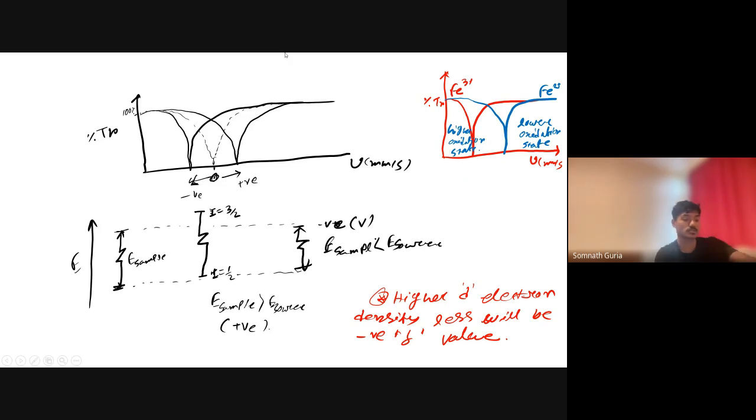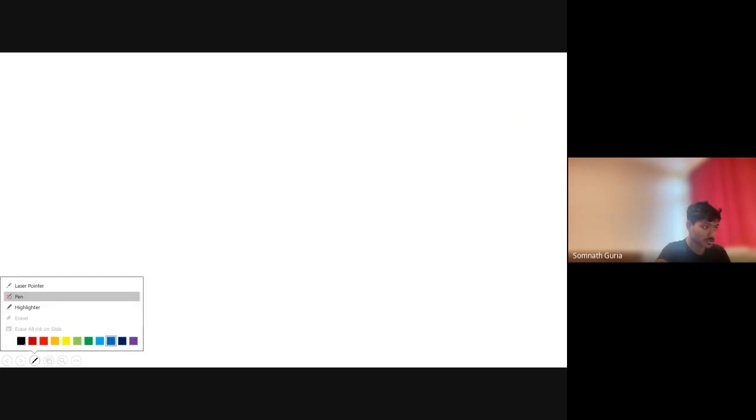Now we come to another thing, which is the spin state. How does it depend on the spin state? We have two complexes: one is the high spin complex, another is the low spin complex. Sometimes it changes from high spin to low spin and back, and it always happens with respect to temperature.